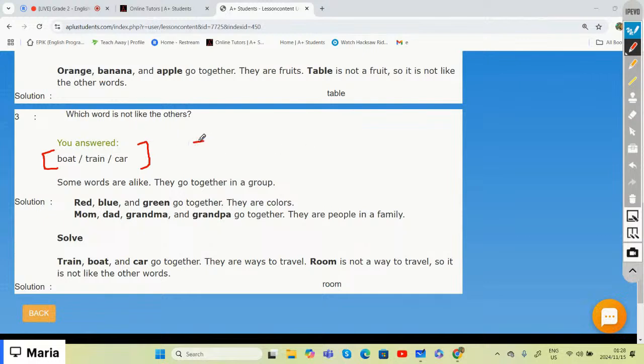We can say they are ways to travel, which is you either travel by boat or by train or by car, or you travel by truck or even airplane. Those are ways to travel.